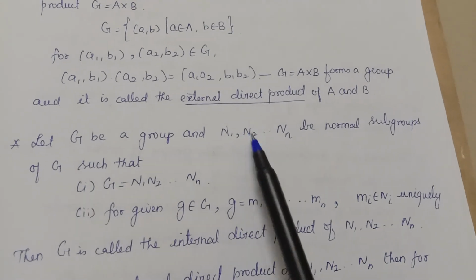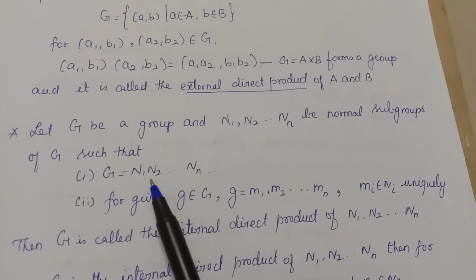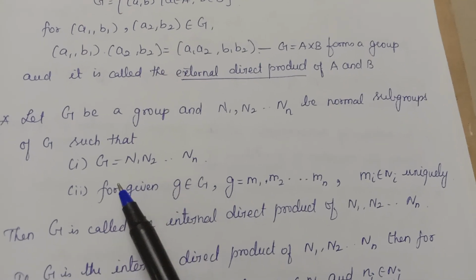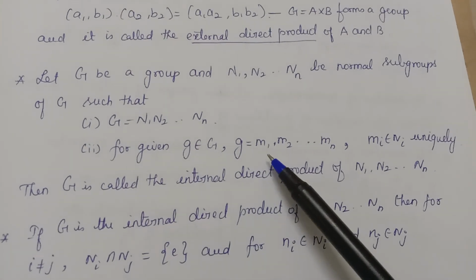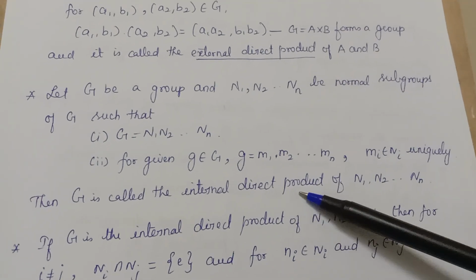Within the group itself I am finding normal subgroups such that the given group can be written as a product of its normal subgroups, so that every element of the group can be uniquely written as a product of its elements in the normal subgroups. So this is the external direct product, and this is called the internal direct product.